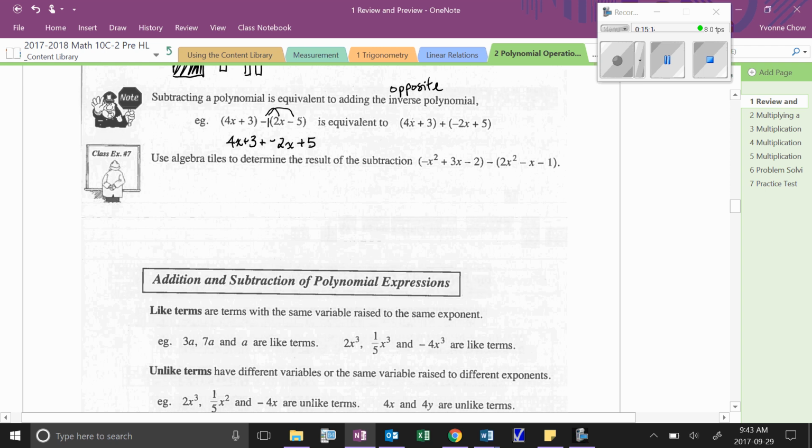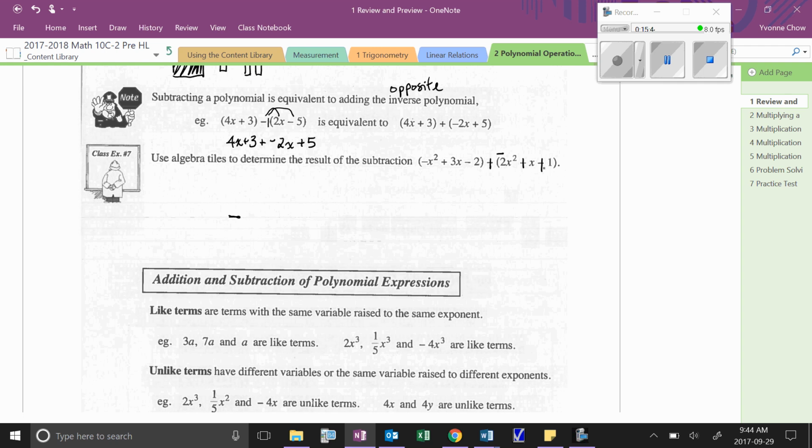So if we were to then combine these two based on subtraction, again, they're asking you to use algebra tiles. What we don't want to do with algebra tiles is draw out the tiles and then just put a minus in between. Rather, let's change that to the addition of the opposite and then draw out the algebra tiles as an addition question instead.